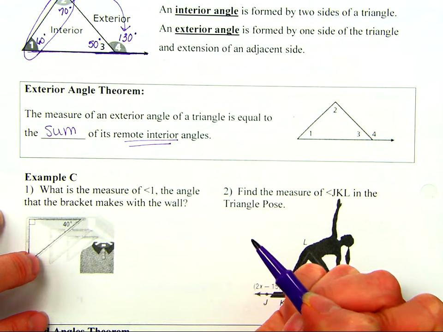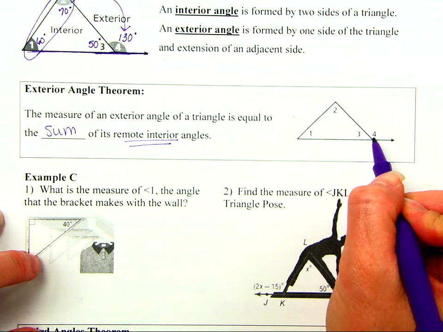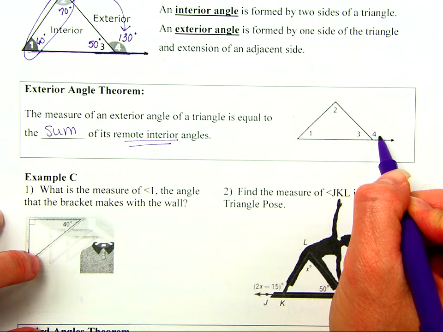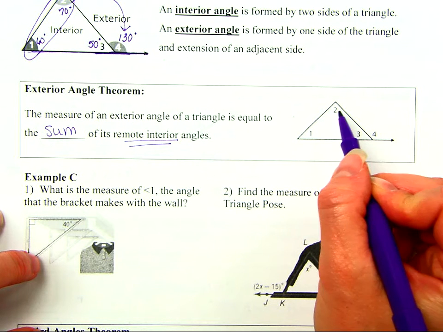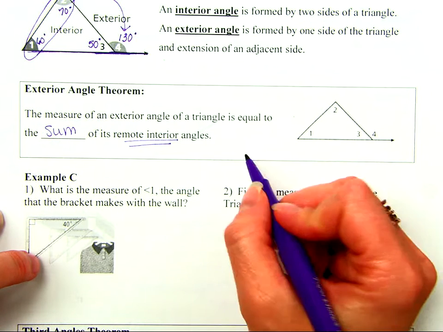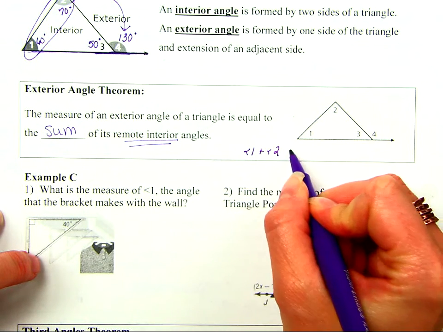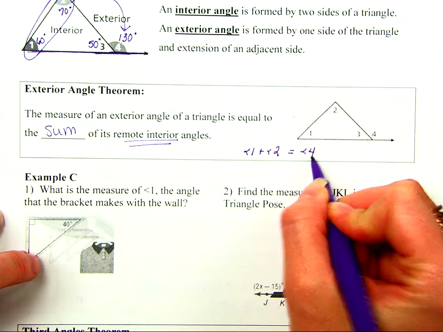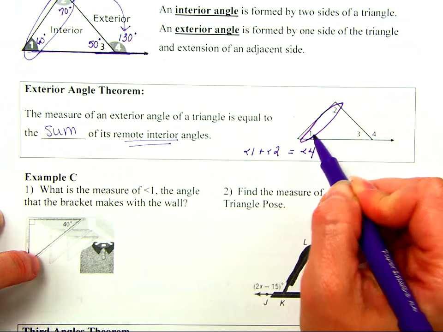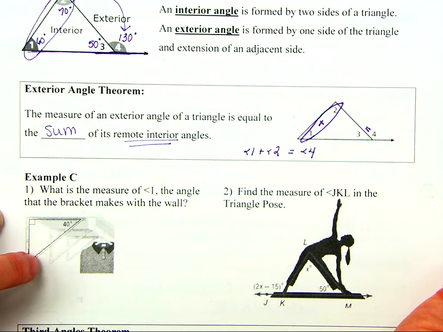Remote meaning away from. And so when I have an exterior angle here, the remote interior are the ones that are away from my angle 4. And so in my diagram here, angle 1 plus angle 2 would have to equal angle 4. My remote interior would equal angle number 4.